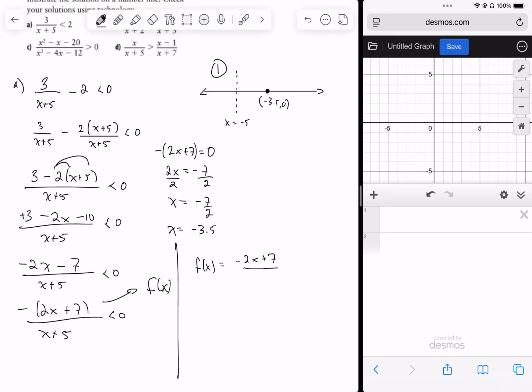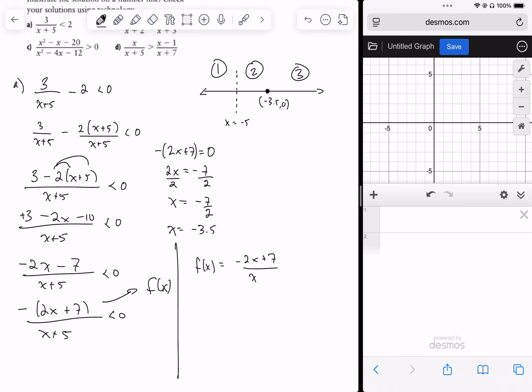So here's boundary 1, boundary 2, and boundary 3. Those are the intervals I'm checking to see where the graph is positive or negative, so that I can ultimately satisfy the original inequality that was stipulated in the problem.